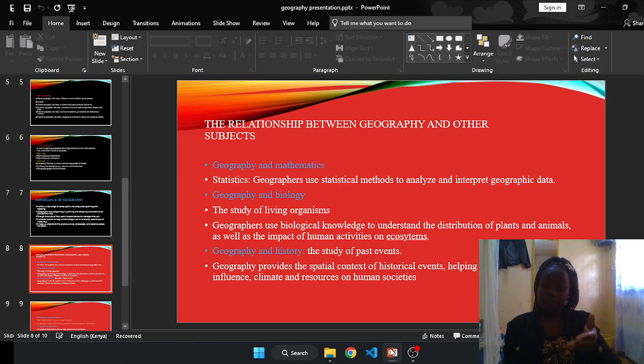In geography, we cannot use our own concept to understand the distribution of plants and animals. Biology is the one going to help us to know the distribution of plants and animals as well as the impact of human activities on ecosystems.